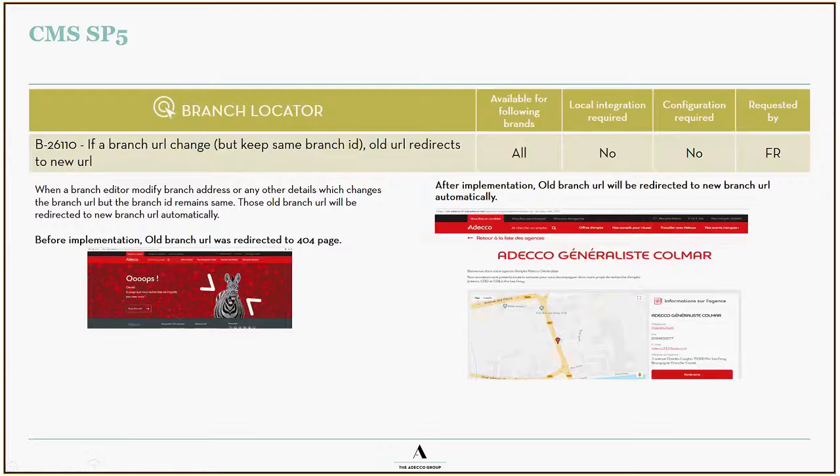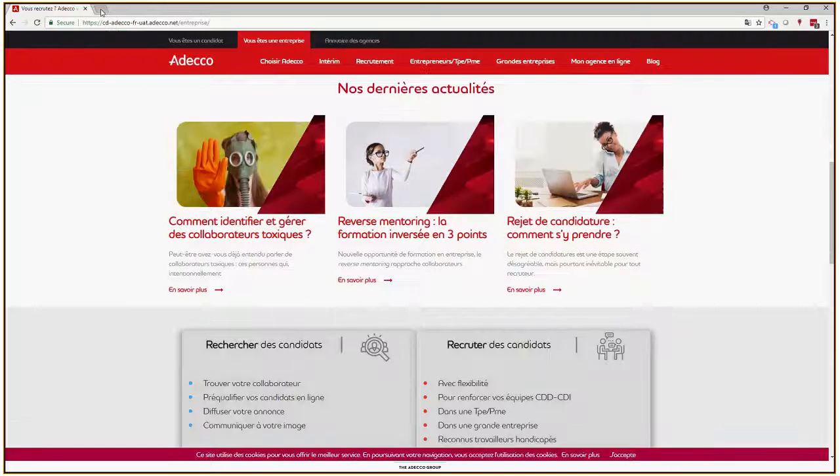So this was again a request from France, where some of the URLs of the branches were changed, and in that case they were looking for redirection rules to redirect to the new URL. So for that, as a demo perspective, I'm just going to show you the URL which is getting redirected.